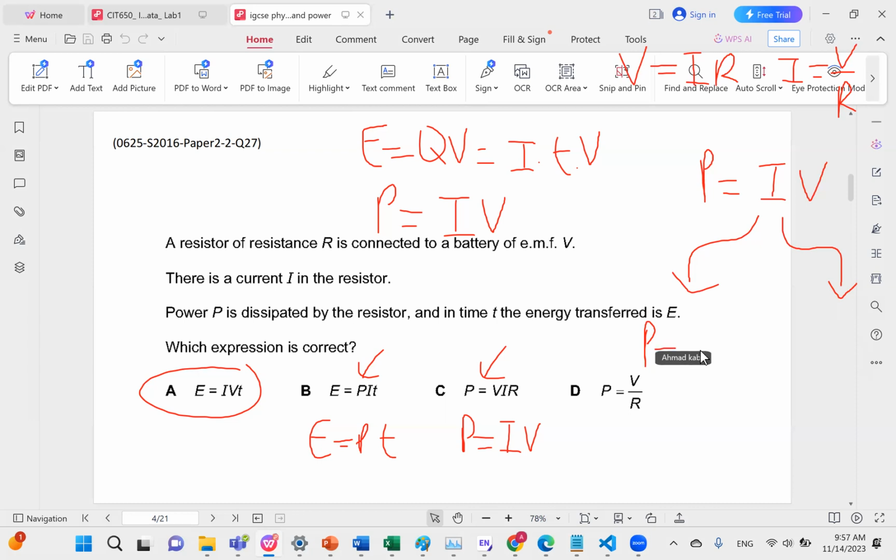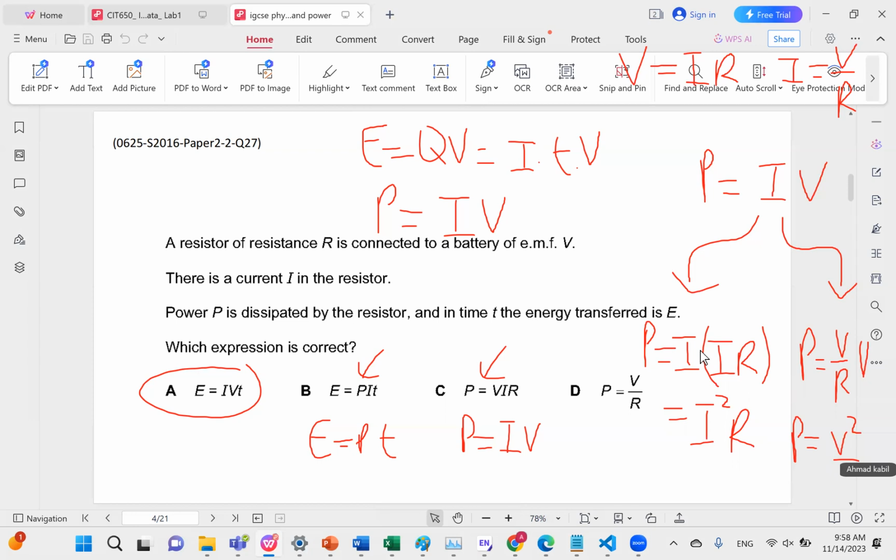Either we keep the I and convert the V into IR, so it becomes I squared R, or we keep the V as it is, and we convert the I into V over R. So P equals V squared over R.